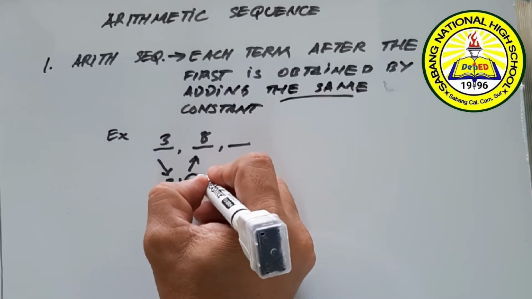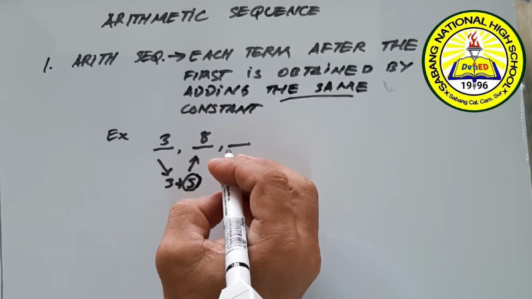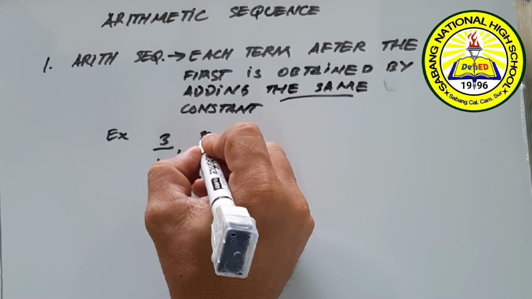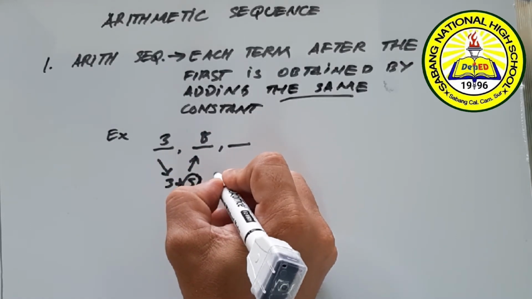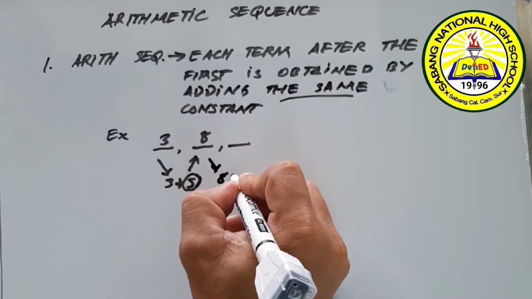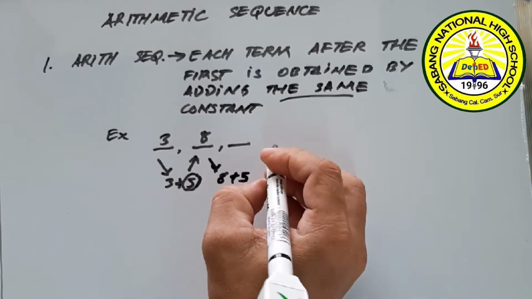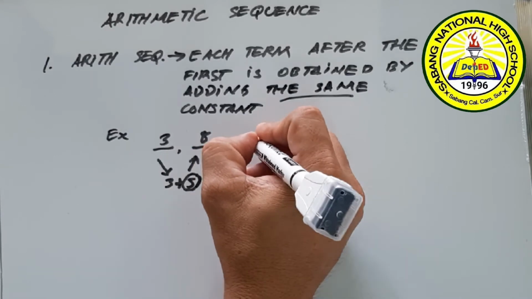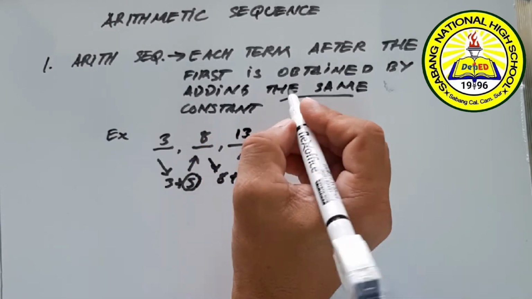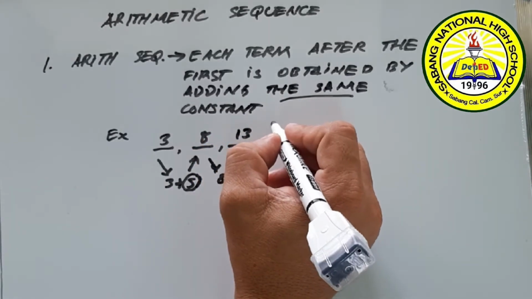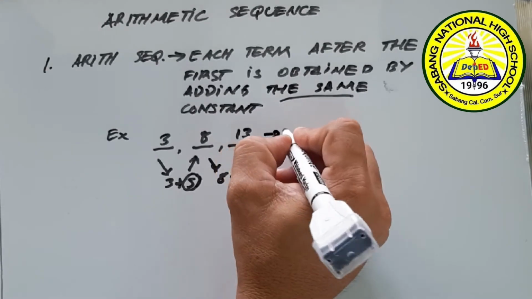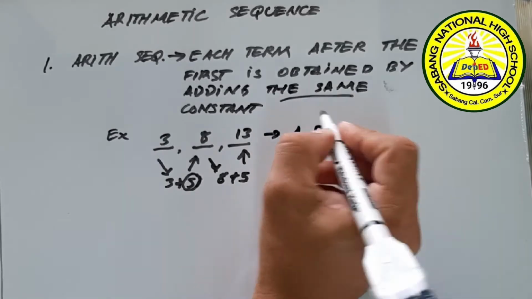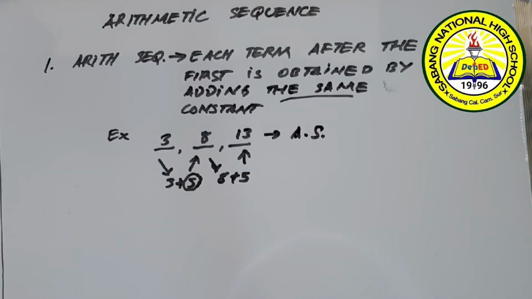Our constant is 5. The second term is 8 plus again the same constant 5, that will give us 13. Therefore, the sequence 3, 8, and 13 is what we call an arithmetic sequence.